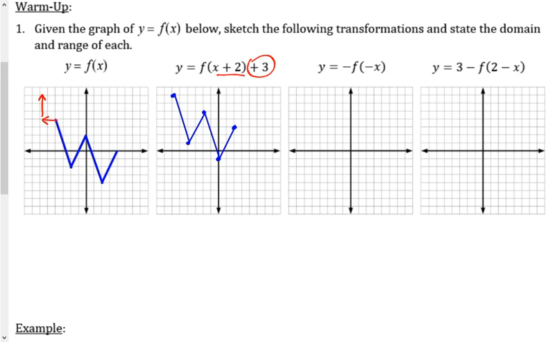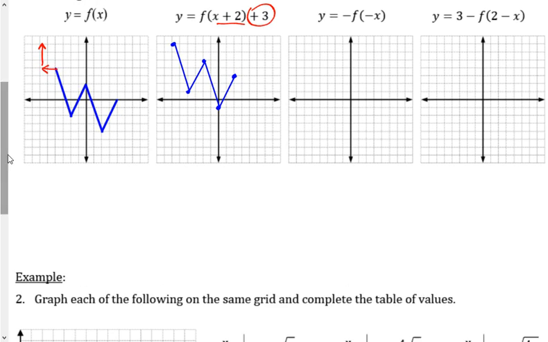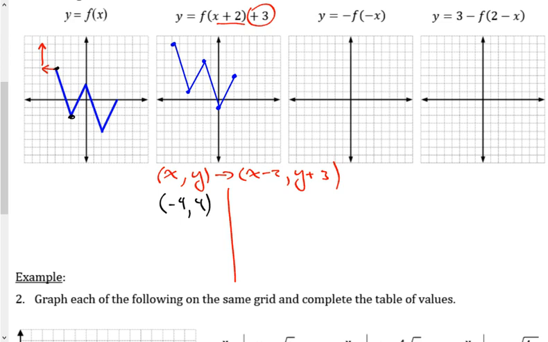So what we could do for this question would be to say, well, my mapping here is that (x, y) is mapped to (x minus 2, y plus 3). And then we could set up a little table with all the points. Let me just give a disclaimer here. This is not my preferred way of doing things, but some people really like it. So I'm going to show you. So I could pick each of these significant ordered pairs, and I'll just pick a couple of them. So we have (-4, 4). And then the next one, (-2, -2).